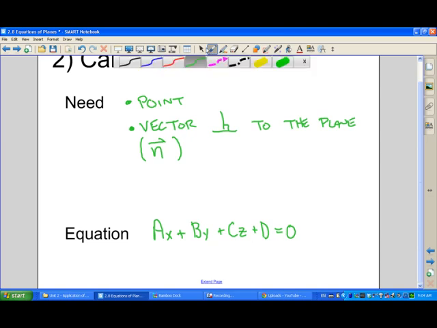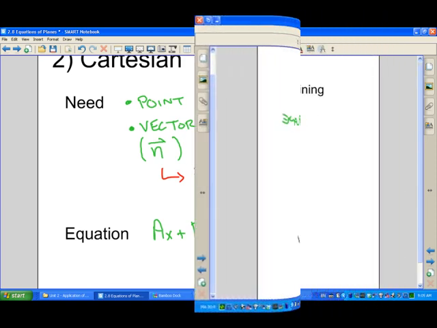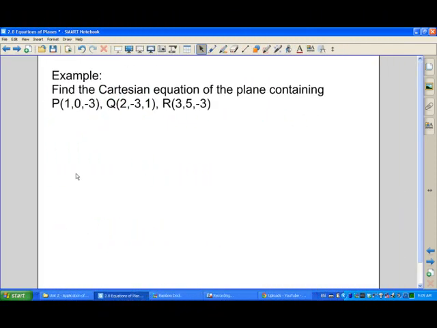And because it's similar, we can extrapolate that the normal vector is equal to the coefficients a, b, and c. So using the same coordinates as our first example, let's find the Cartesian equation of the plane containing these 3 points.